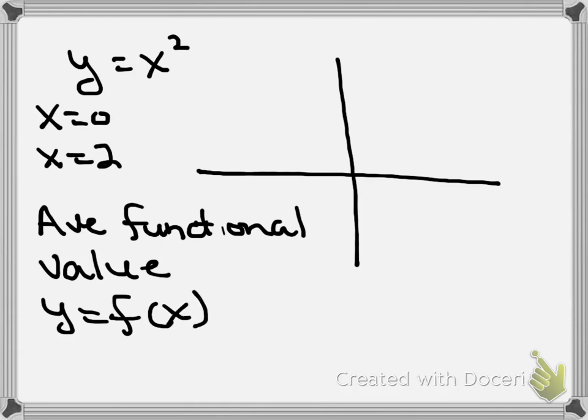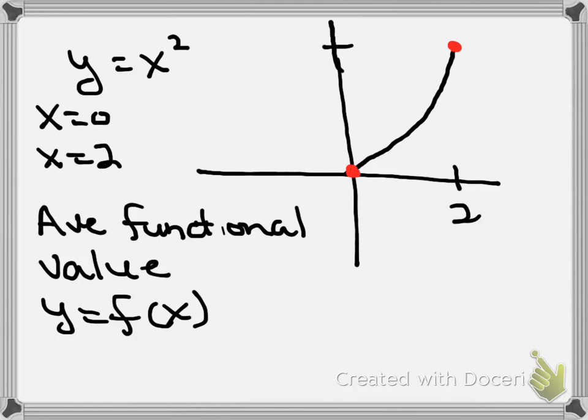So between 0 and 2, let's say 2 is over here, that graph looks like this because it's the right half of the parabola. And so the points on that graph would look something like this. And here's the other one. So let me extend my axis a little bit. It's going up like that.